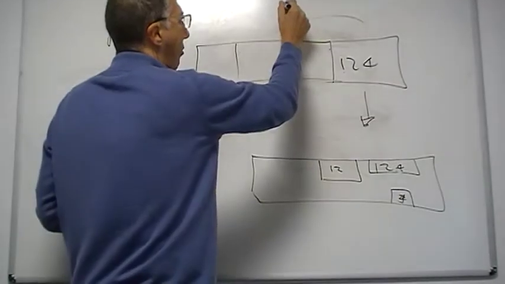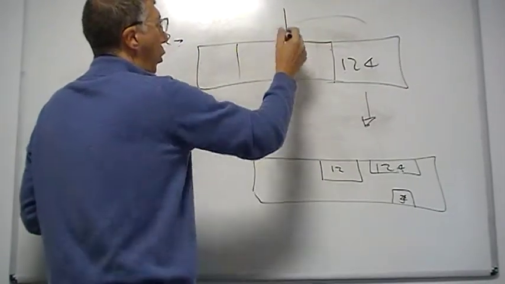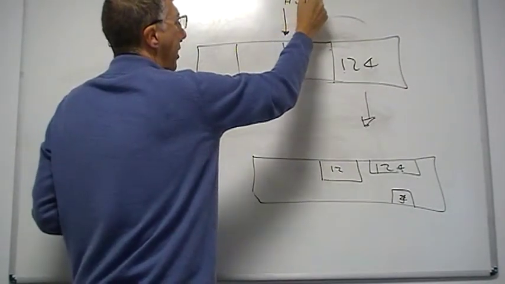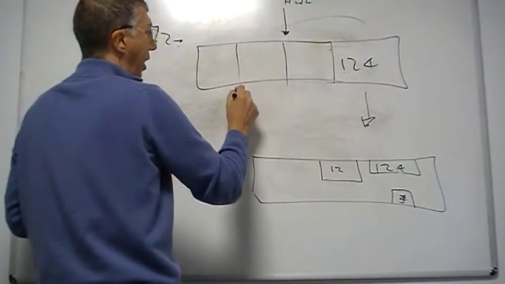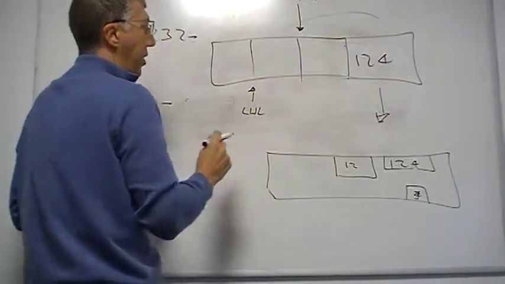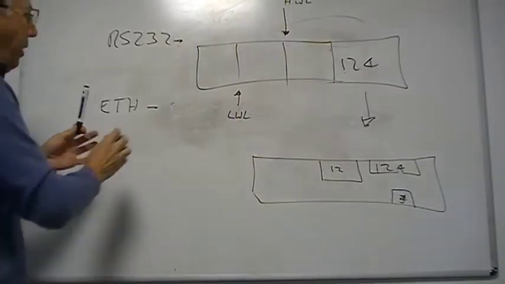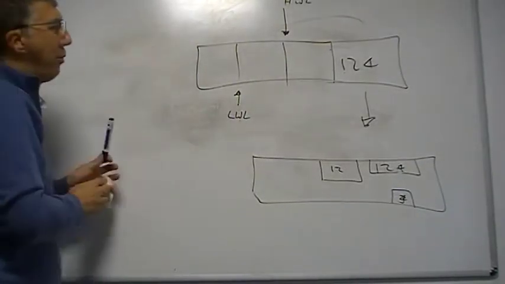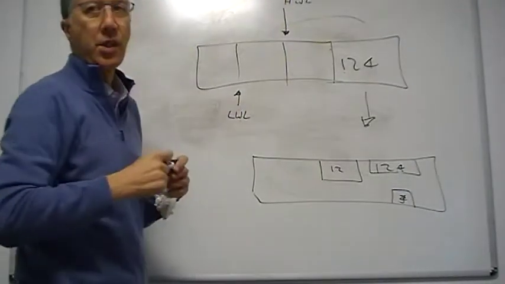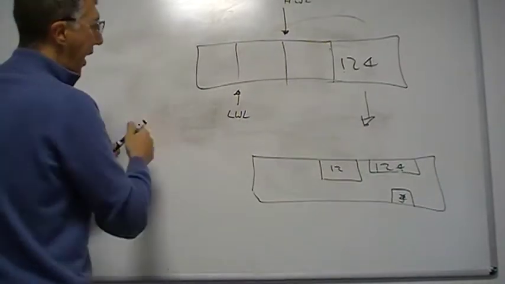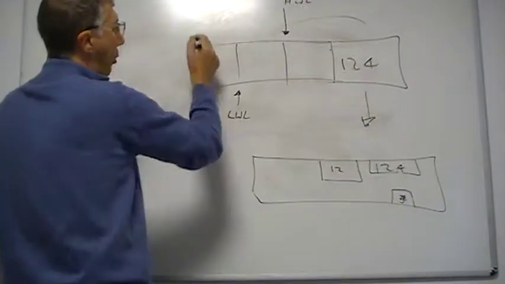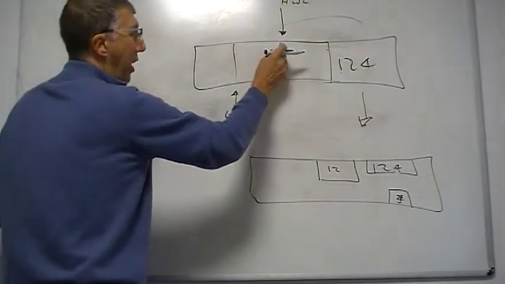So we can have what they call the high water line, and we can have a low water line. So there's 2 of these we can have. We can set them to come out at different points.